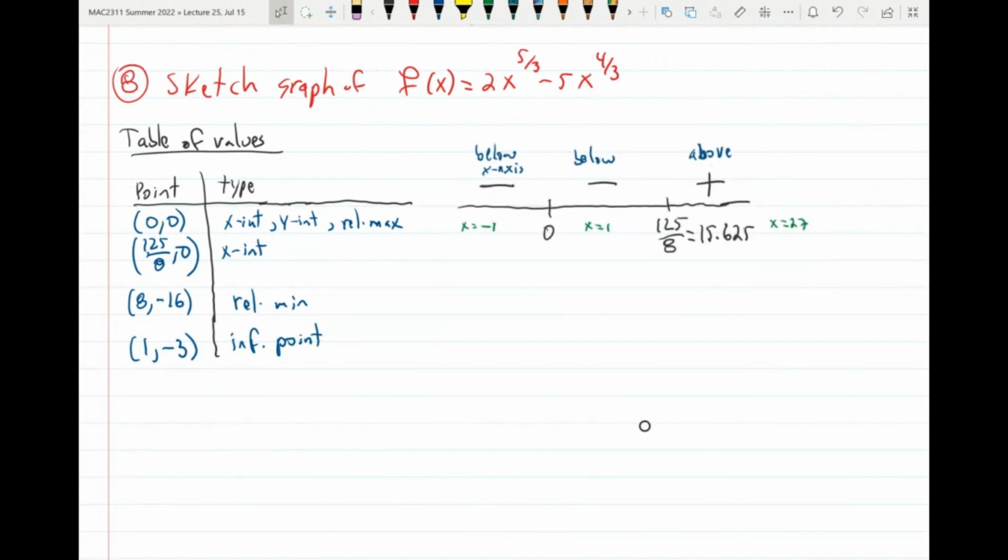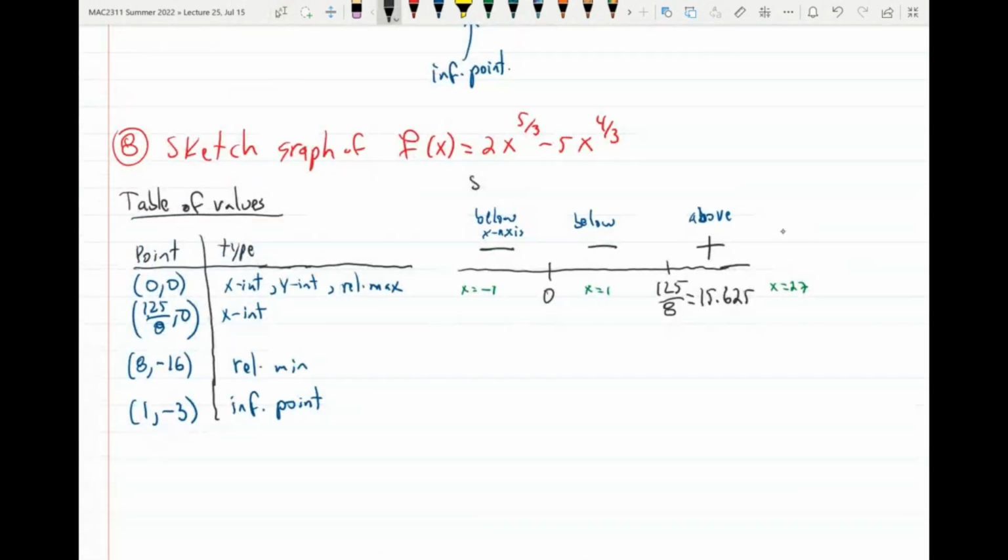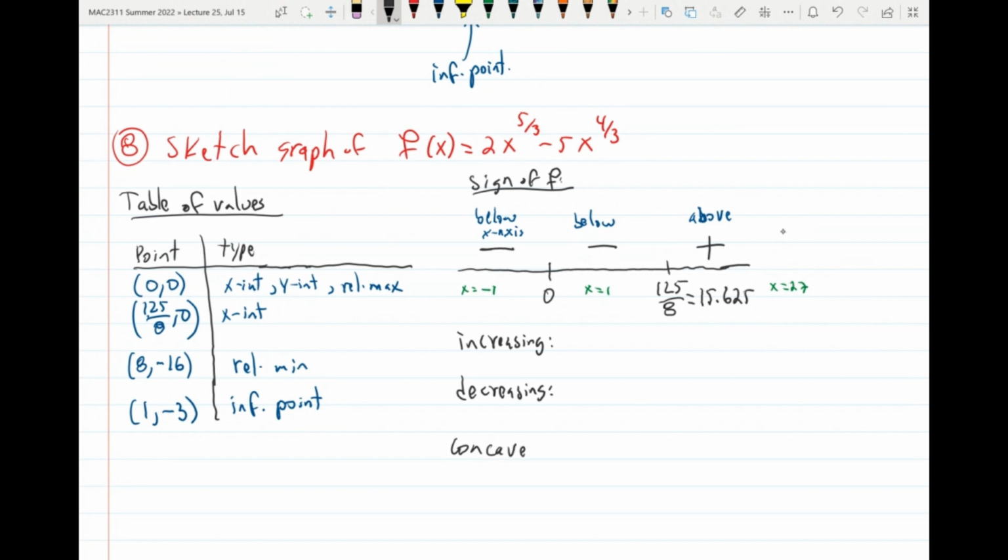This is, remember, the sign of f. Now I want to have also when it's increasing, I want to have when it's decreasing, I'm going to have when it's concave up, and I want to have when it's concave down.